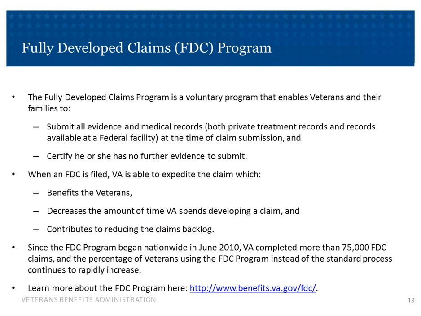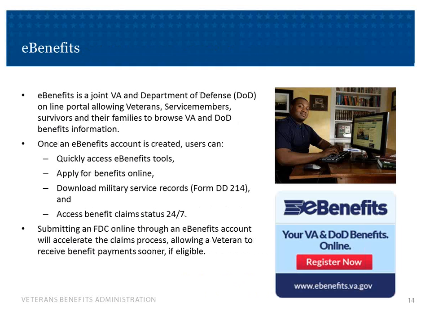Once the veteran certifies that there is no further evidence, this allows VA to proceed with the claim without waiting the mandatory 30 days for a response, as required under federal law. Since the FDC program began nationwide in June 2010, VA completed more than 75,000 FDC claims.